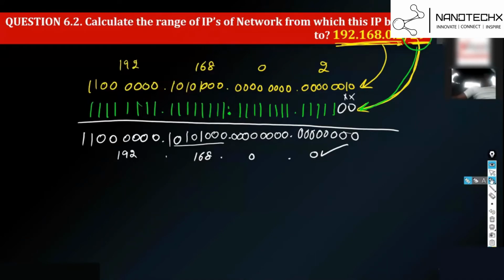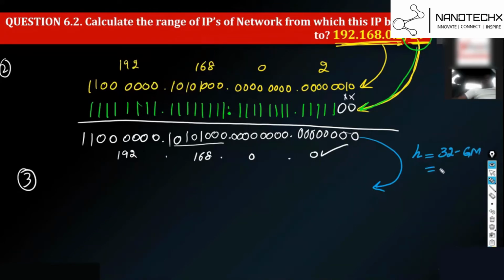Now the second step, or third step actually if we follow our documentation, but this is the second: we have to calculate the last number. I told you already that we have to write this number again. And first we have to calculate the value of H. H is equal to 32 minus the given subnet mask.